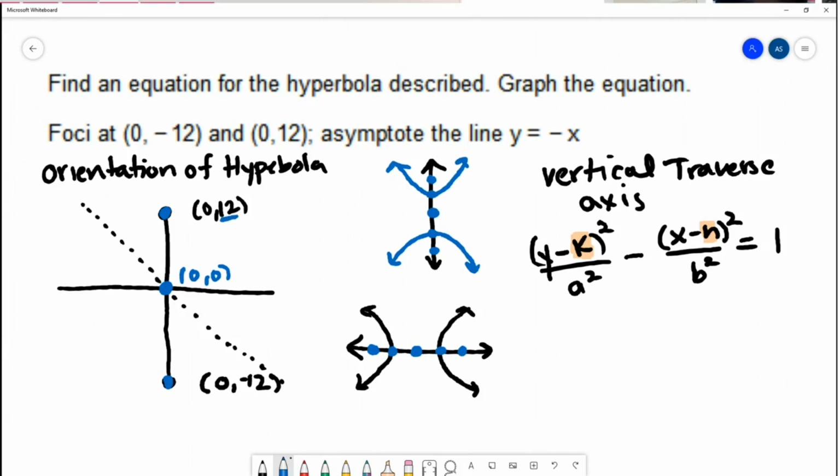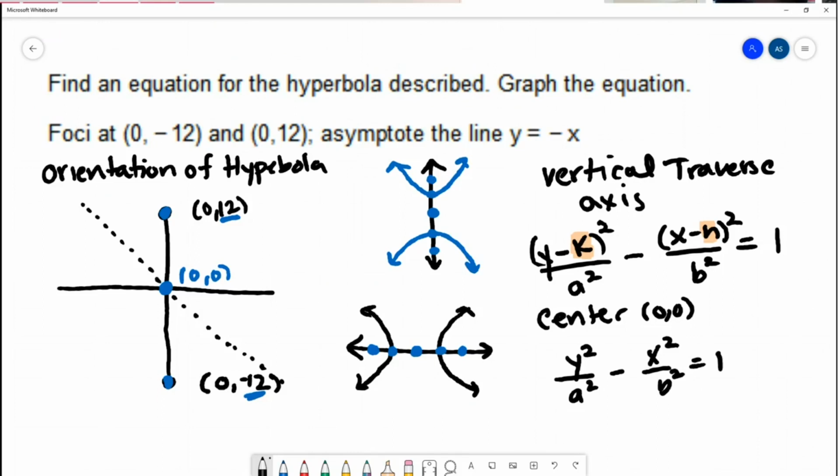We've got a positive 12 and a negative 12, meaning that center has to be at (0, 0). So I know that h and k are 0, 0. And now I can rewrite this equation: y squared over a squared minus x squared over b squared equals 1.